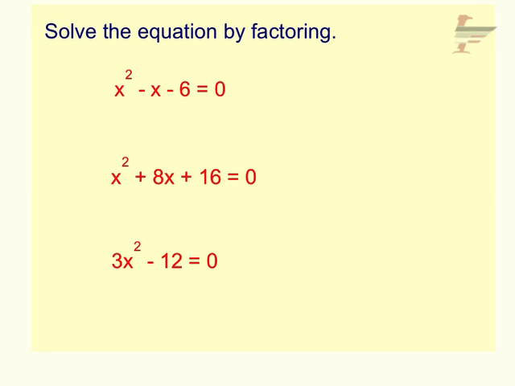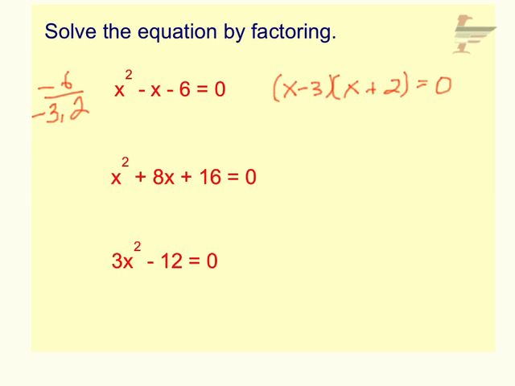In this first example, if we factor this, start with your last term and ask, what are factors of negative 6 that add up to a negative 1? We'll say, oh yeah, that's a negative 3 and a 2. So x minus 3, x plus 2 equals 0.